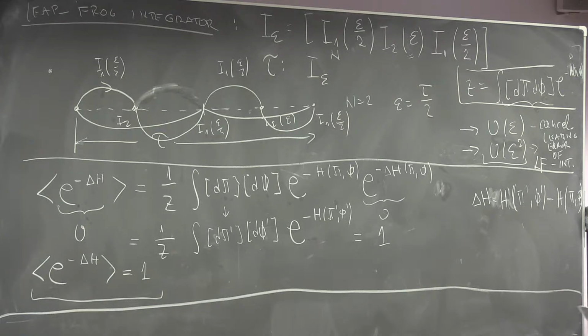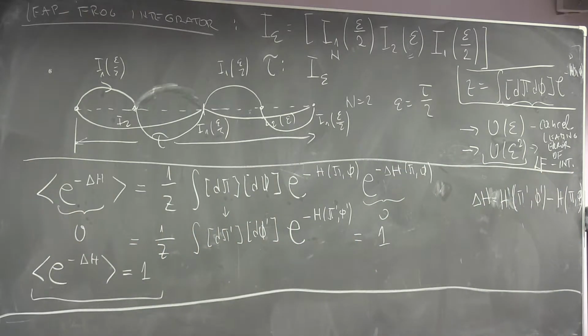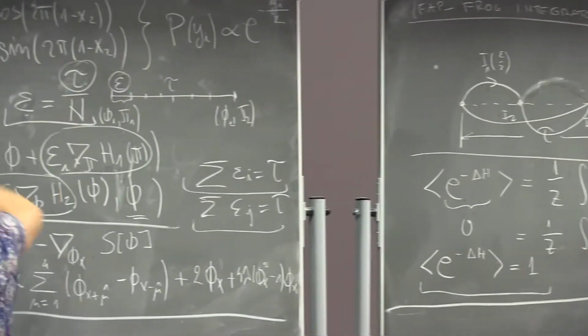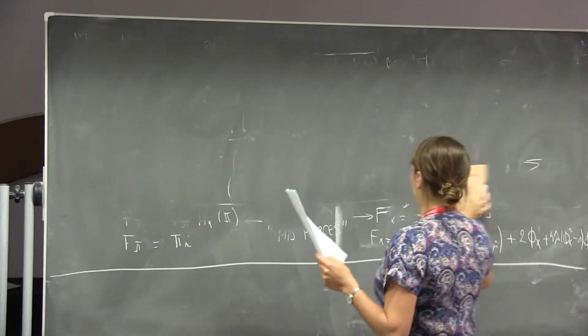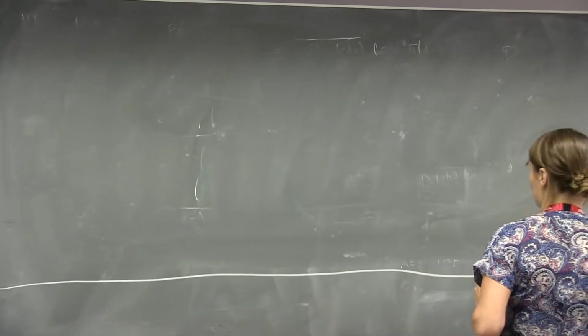And then finally, a little bit more on step 3, the accept-reject step. The accept-reject step is there in order to correct for the error that we are making in step 2.